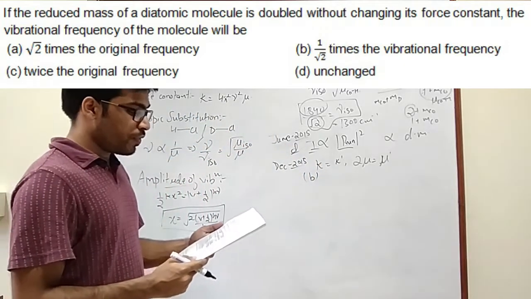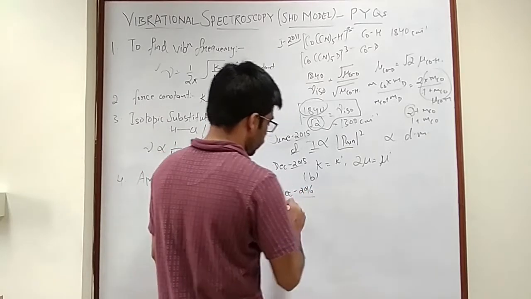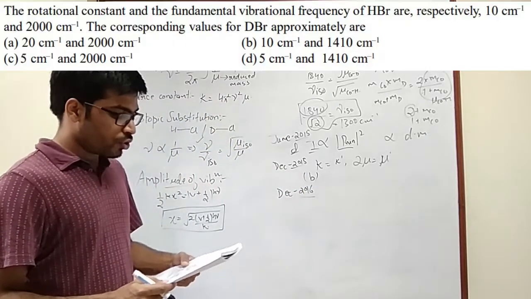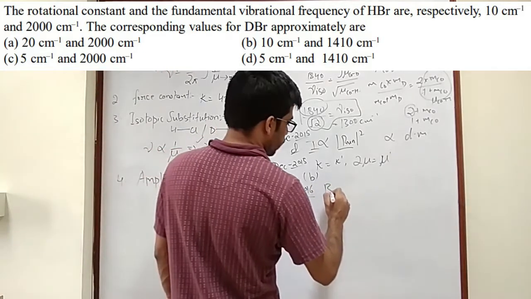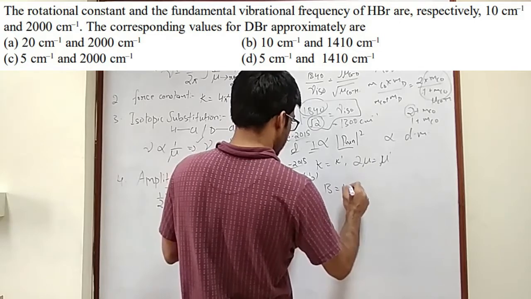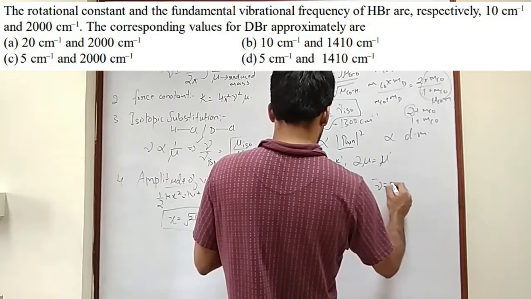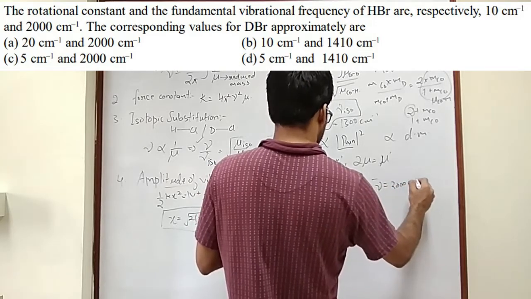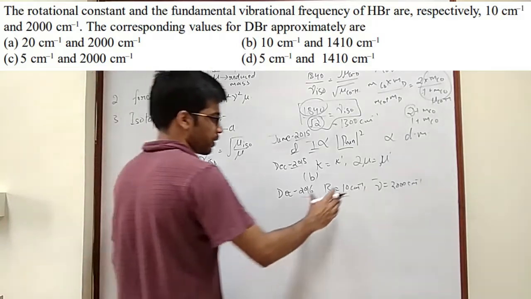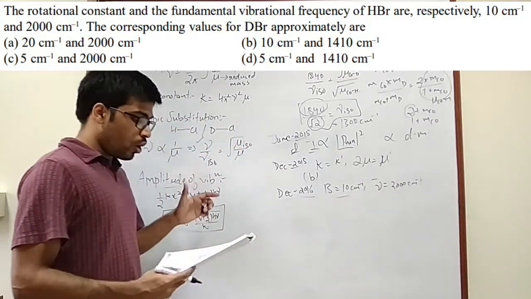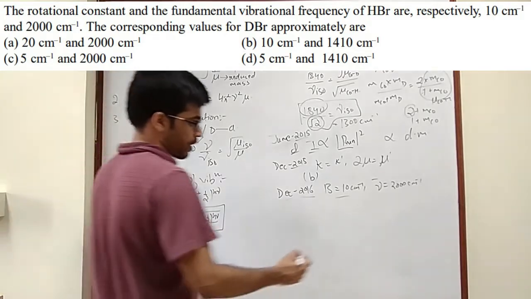Okay, the next question we have is from December 2016. The rotational constant and the fundamental vibrational frequency of HBr: rotational constant is 10 and vibrational frequency is 2000 centimeter inverse. For the first part, we had done it when we were discussing rotational spectroscopy. For the second part, we'll do it now. All they're asking is what will be the corresponding value for DBr.